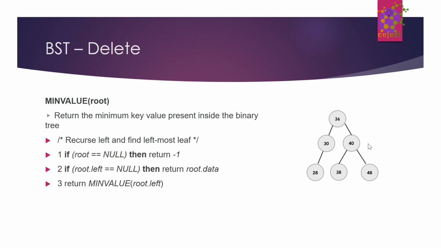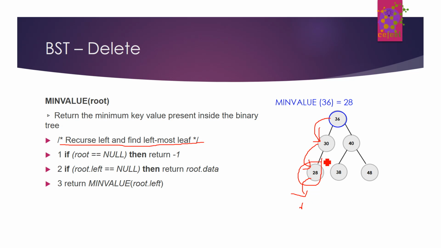Now let's see what min value looks like. It's a pretty simple call. It just returns the minimum value in the current subtree. What it needs to do is recurse and find the leftmost leaf. If it starts with 36, it will keep traversing to its left child until it finds that the left child is null, and that will be the minimum value.